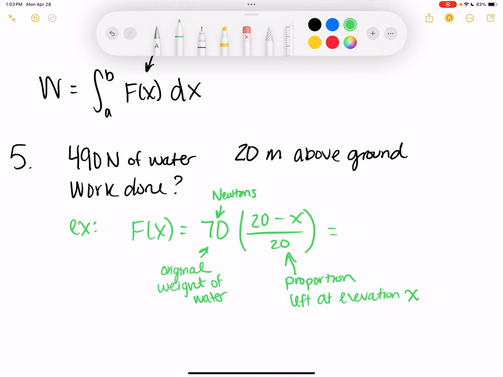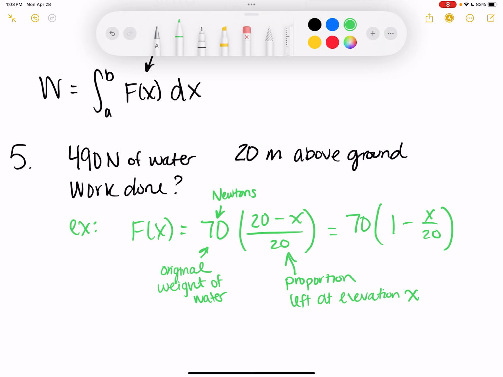Now, obviously, this could also be written as 70 times 1 minus x over 20, like that. And we obviously can multiply through if we wanted to, blah, blah, blah, all the things.